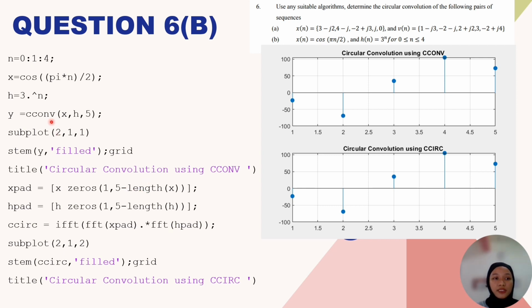It is because it has been stated that n is equal to 0 to 4, which means if we calculate 0 to 4, it will be 5 in the length of the x-axis here. Okay, and then we will use the CCIRC equal to IFFT of FFT x pad convolved with FFT h pad, and then we will get this output signal here.